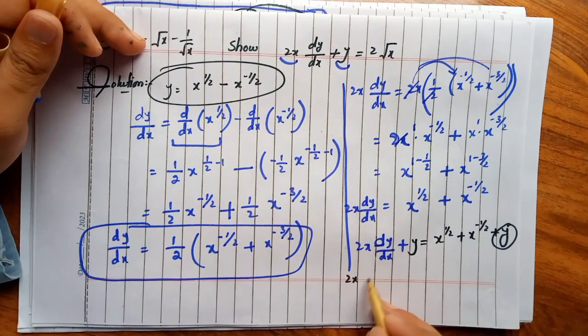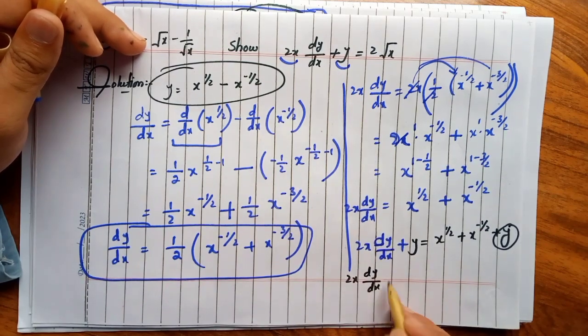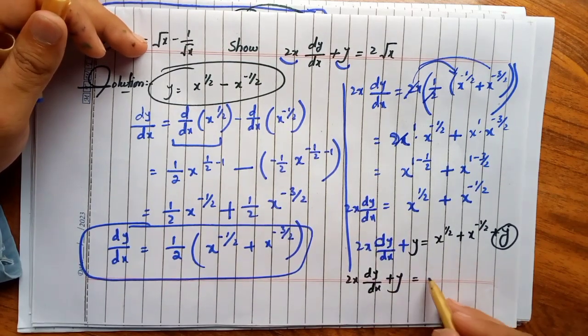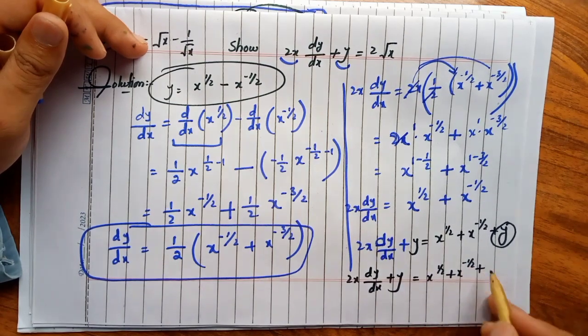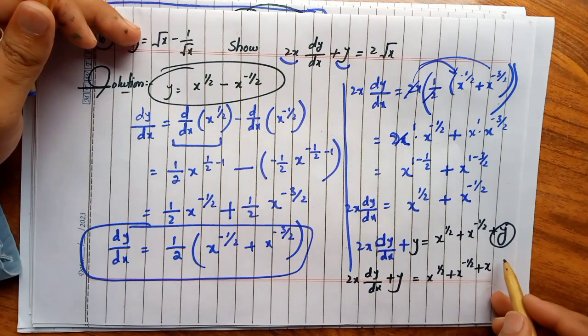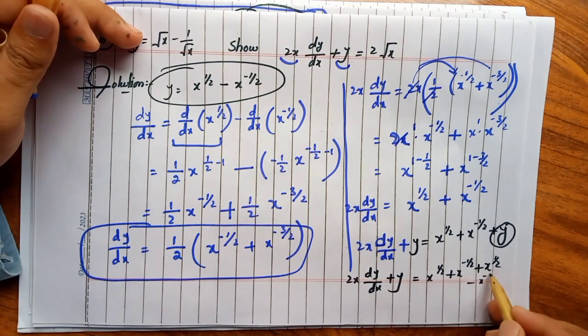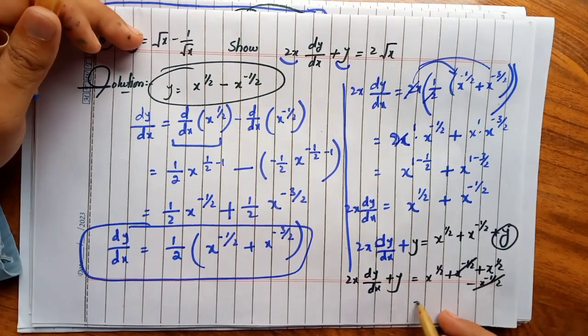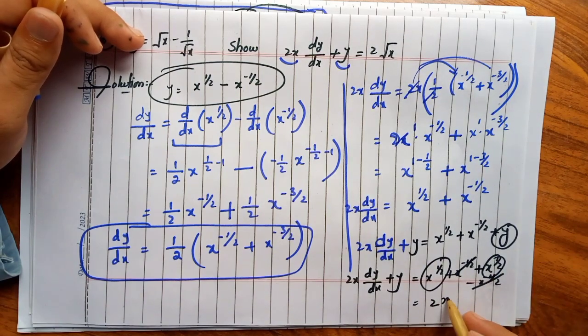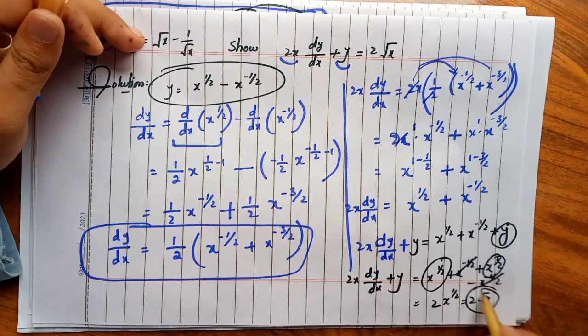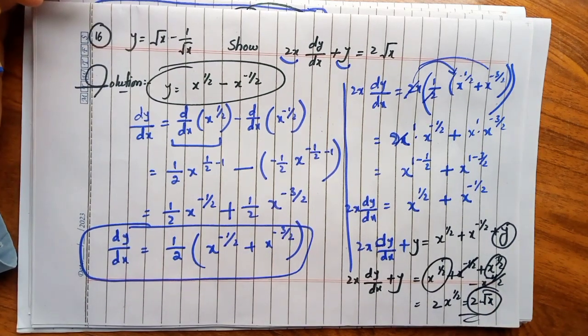So this will become 2x dy over dx plus y will be equal to x raised to the power 1 over 2 plus x raised to the power minus 1 over 2 plus x raised to the power 1 over 2 minus x raised to the power minus 1 over 2. This will be cancelled out. So this is x raised to the power 1 over 2 and 1 over 2. This will become 2 x raised to the power 1 over 2, which will be equal to 2 square root x. This is the proof of question number 16.